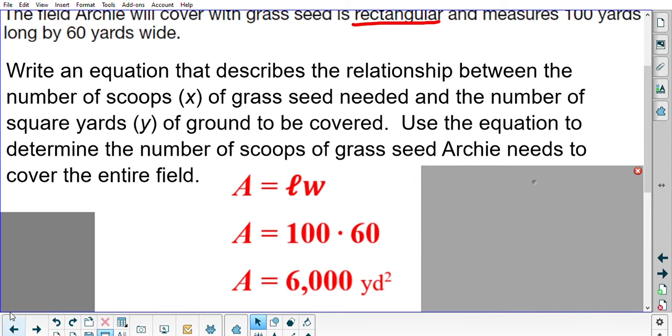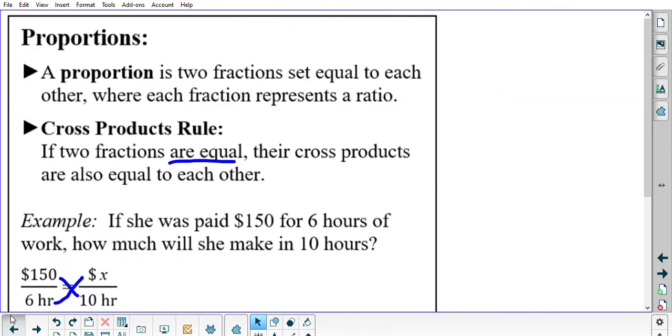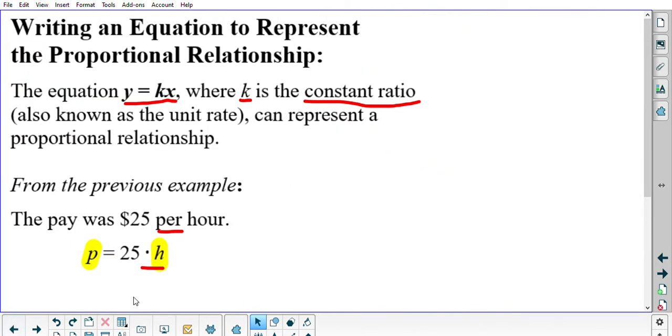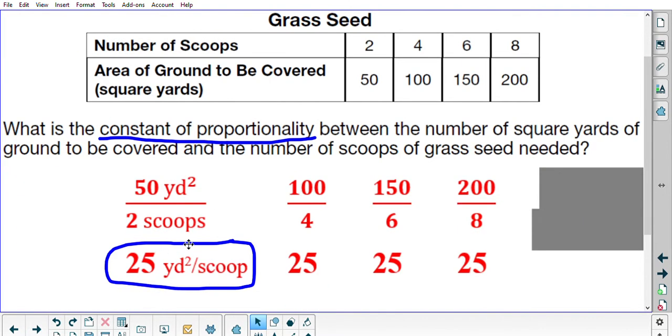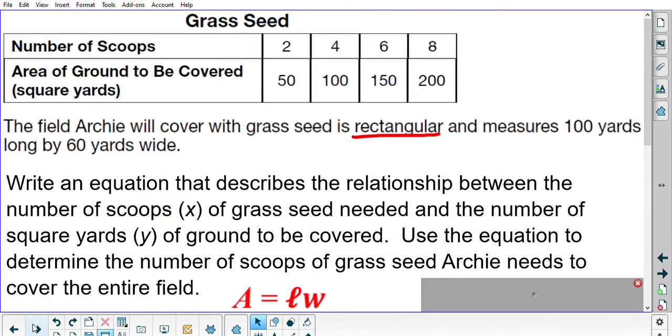How am I going to write this equation? Well, if you go back to the Big Ideas paper, you will remember the type of equation that we use, where it's some variable equals the constant ratio times the other variable. And so on our problem, we had 25 square yards per scoop, which means times the number of scoops.